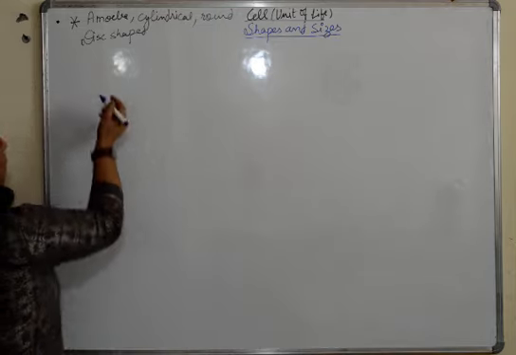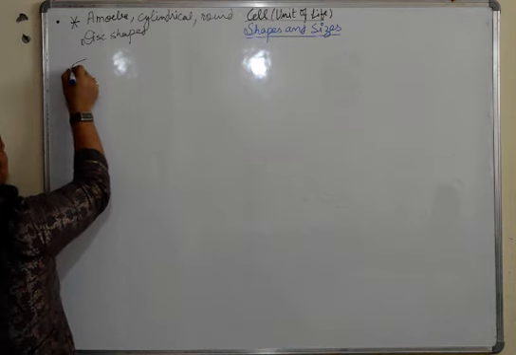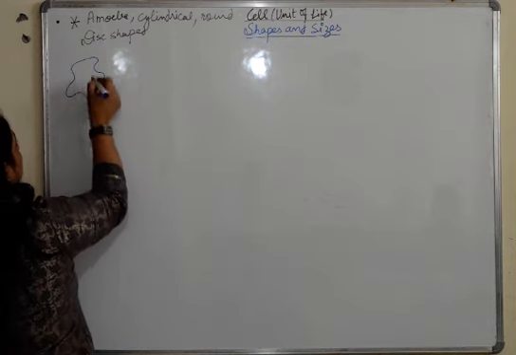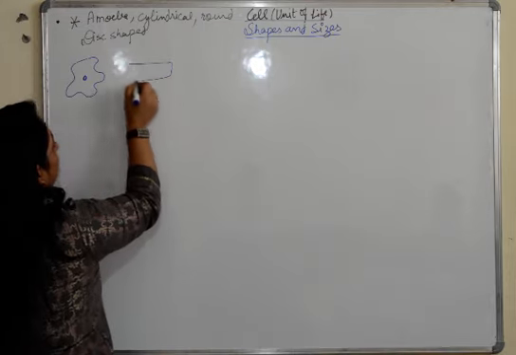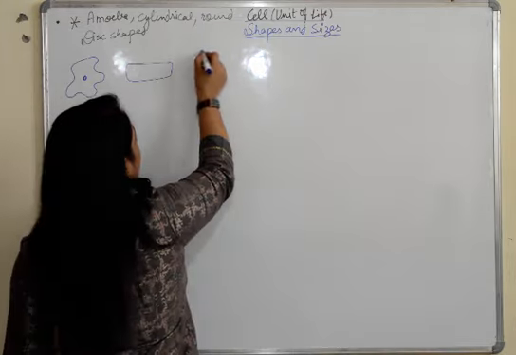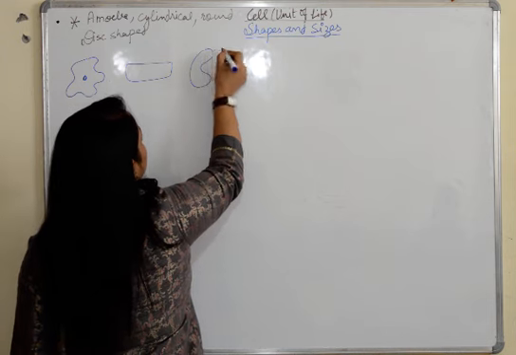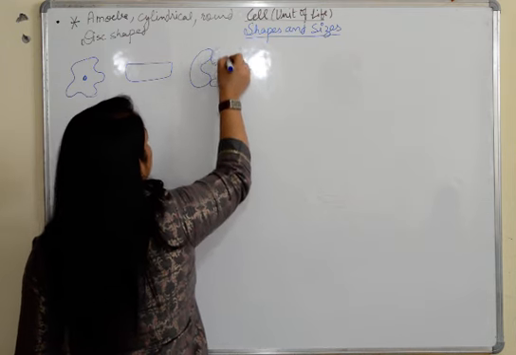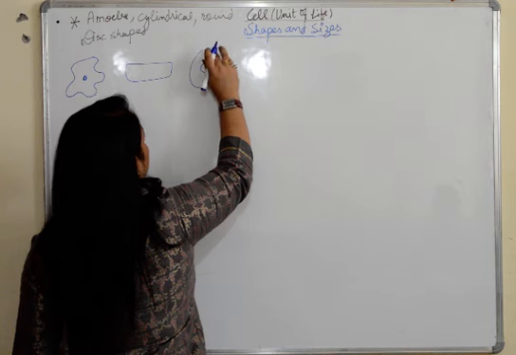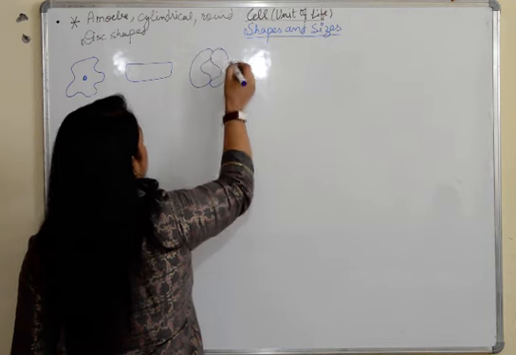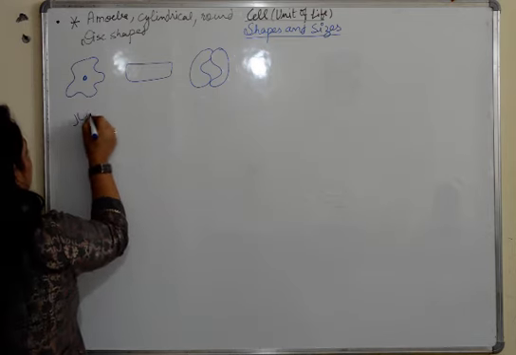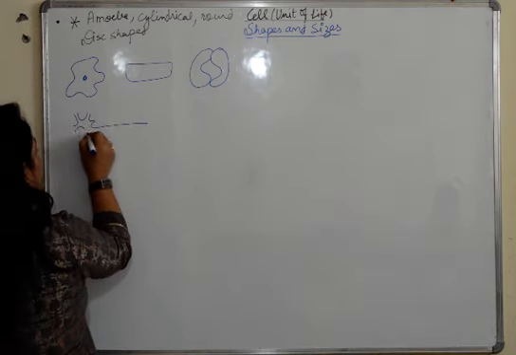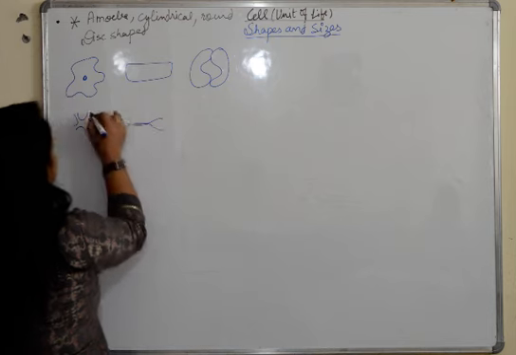For example, if we talk about the very common shape, the amoeba shaped cell, then we have these rectangular cells. Then of course we have these. We'll name them afterwards, first we'll just make them out. Fine. So this type of shape, a very common shape which you could easily recall, I guess, this shape.